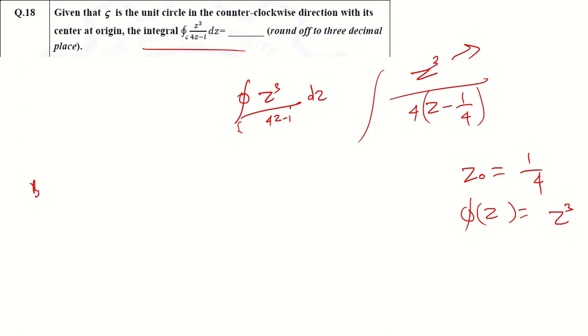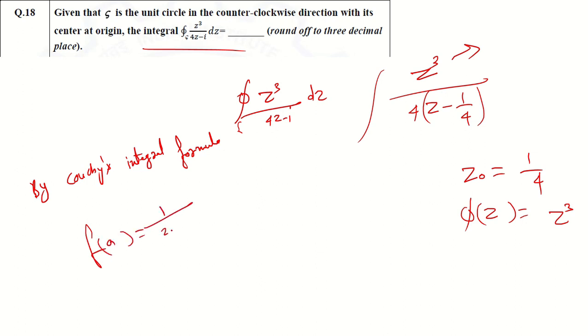So, if we have questions like this, so by Cauchy's integral formula, what it says, f of a is equal to 1 by 2 pi i integral over c f of z divided by z minus a dz.